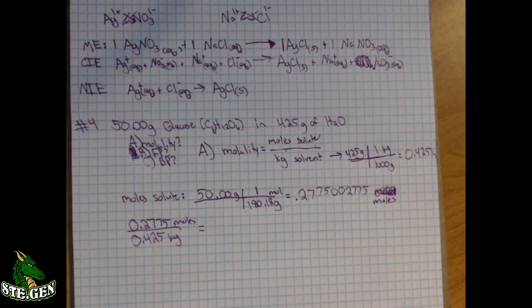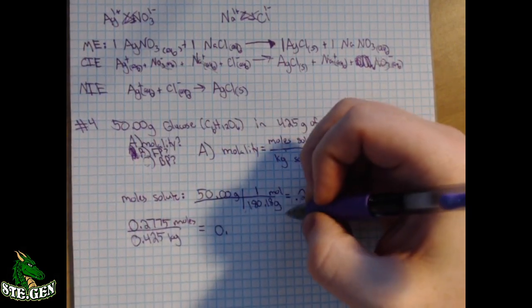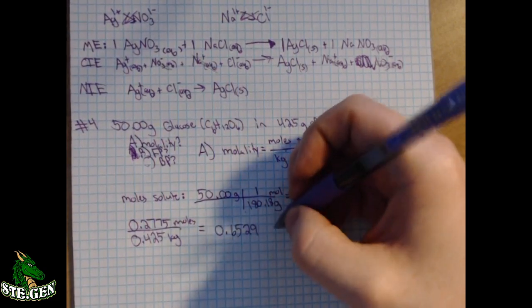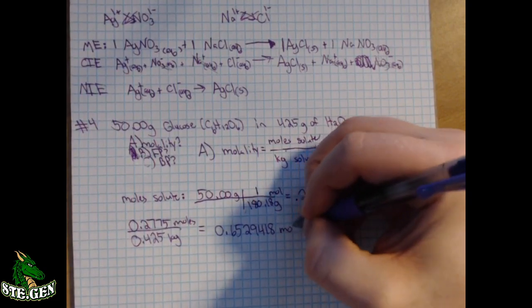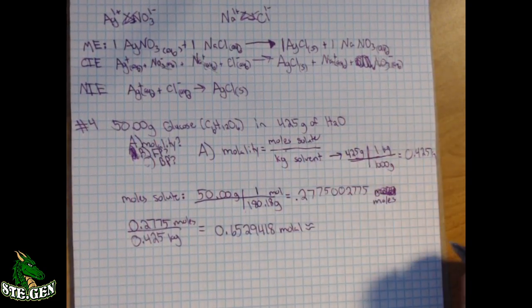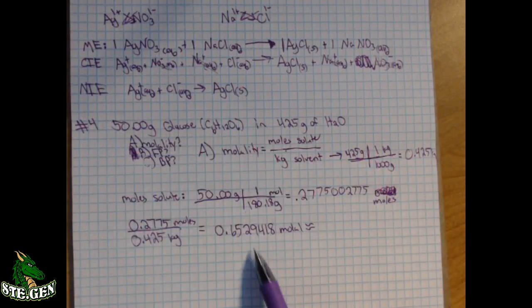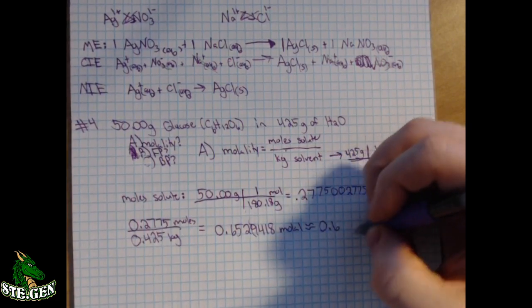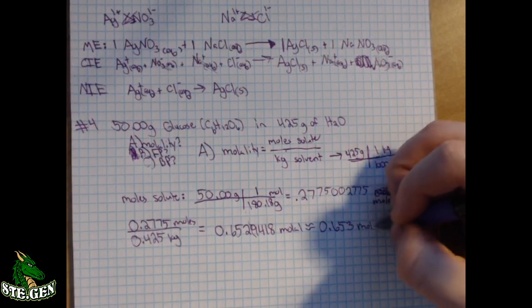And if you plug that into your calculator, I believe you should get 0.6529418 molal. Which, because it does want an answer, we are going to round to sig figs. 425 is 3, 50.00 is 4, so we're going to go to 3 sig figs. So we get 0.653 molal.